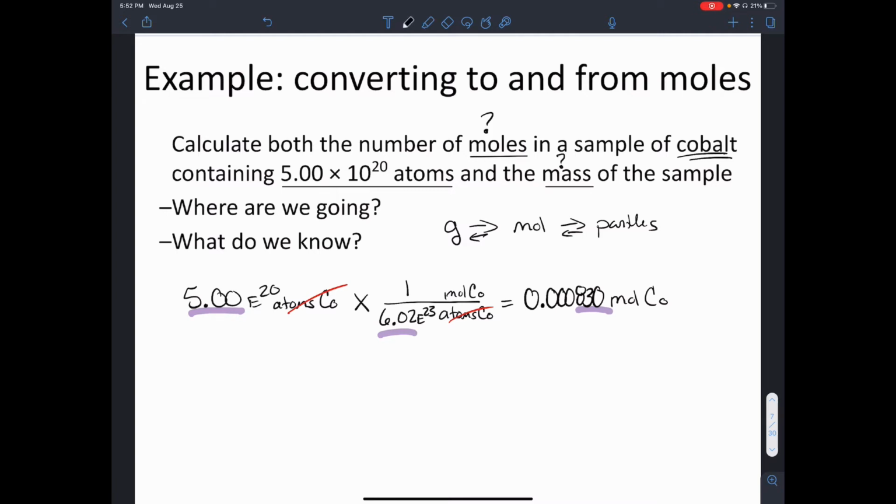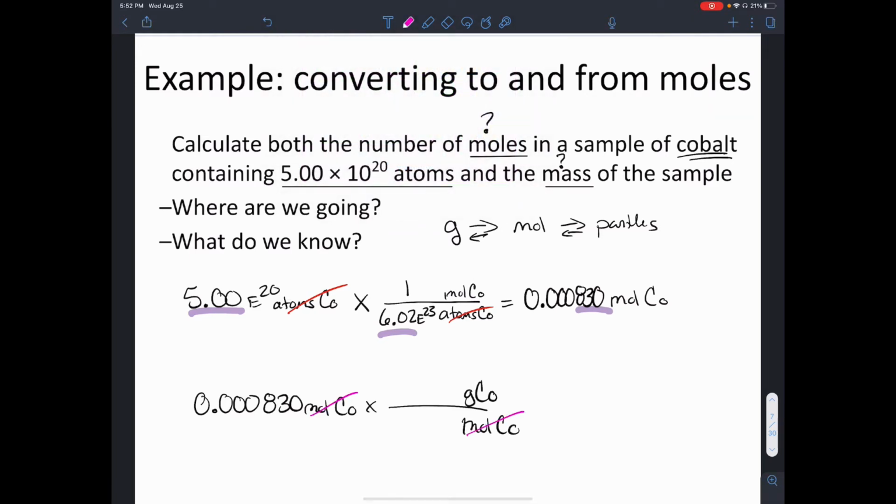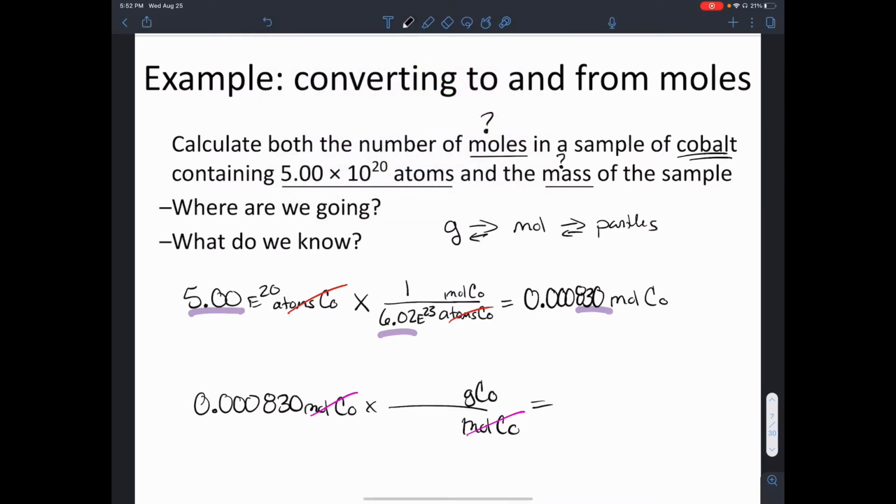So now I'll move on and convert the moles to grams. Again, how do I know to put grams in the numerator? I want to set my problem up so that moles will cancel. That means I need it in the numerator and the denominator so that I can cancel it, and grams is the unit that will remain.